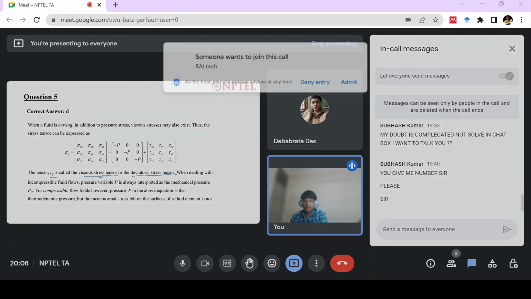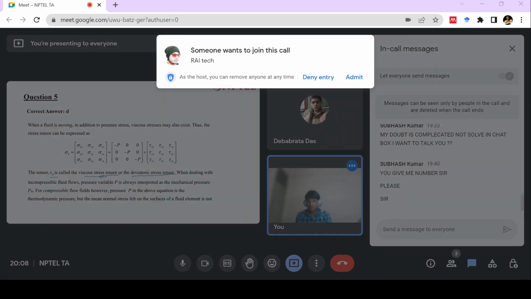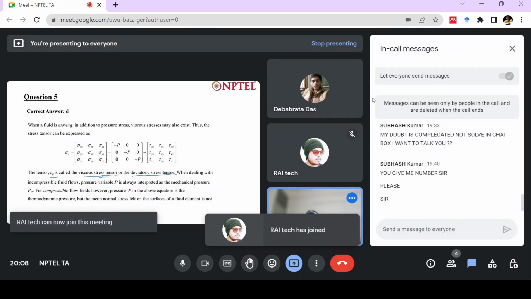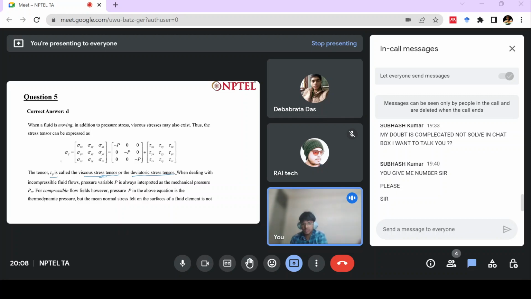Now for incompressible fluid flow, your pressure variable is always interpreted as your mechanical pressure, because this term del uk del xk is going to 0. That's why your pressure here will be equal to Pm.